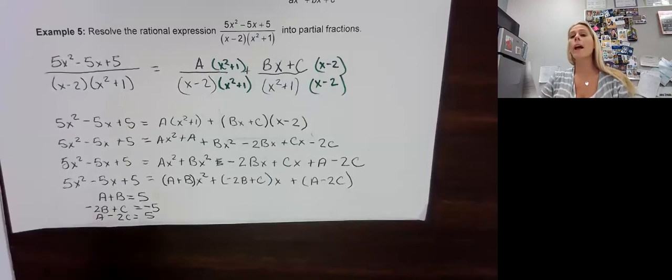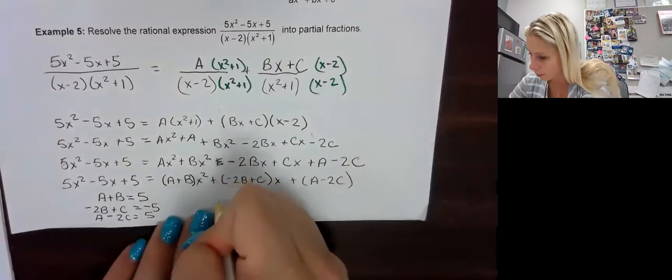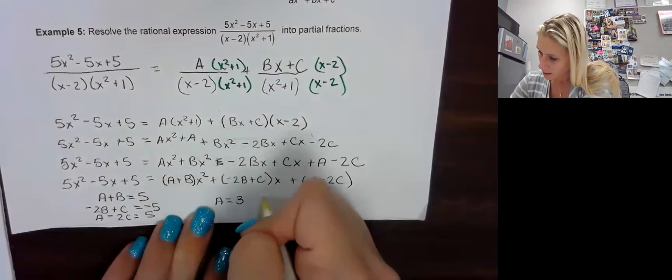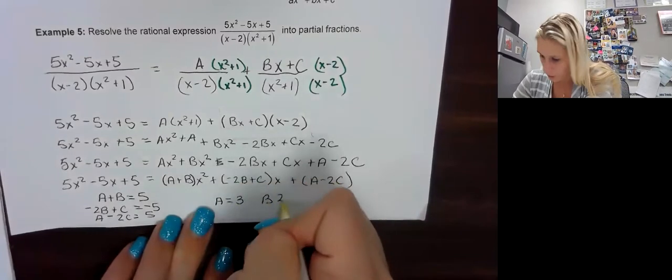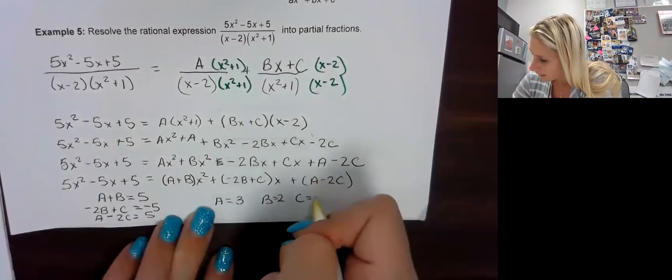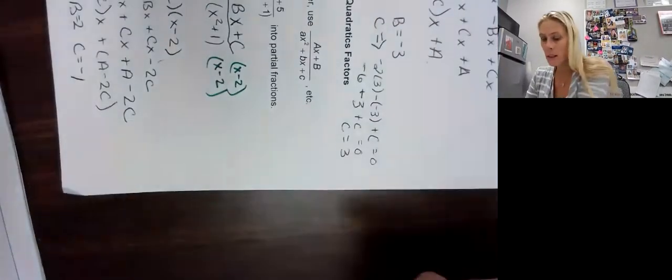You can choose whatever method you want, but if you want, try it right now. I'm just going to give you what I found. A is 3, B is 2, and C is negative 1. I'm going to turn my paper again just so I can show you how that answer looks.